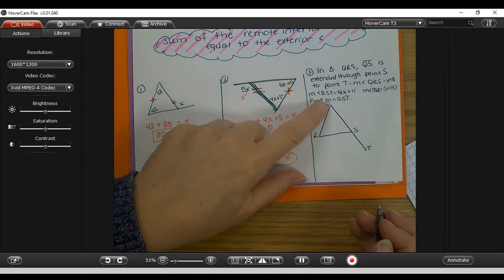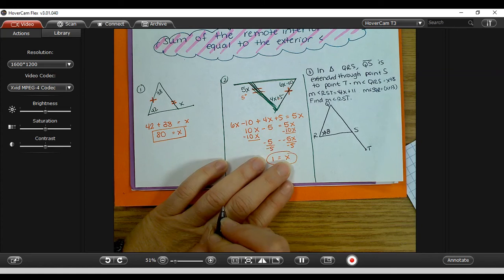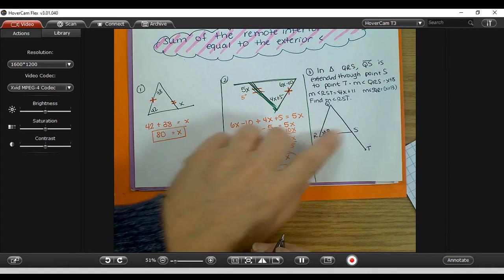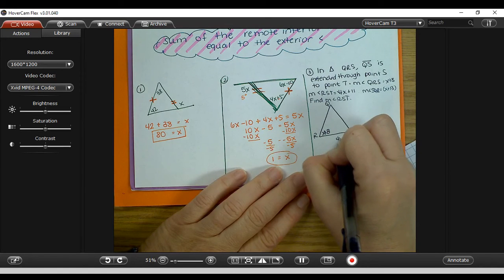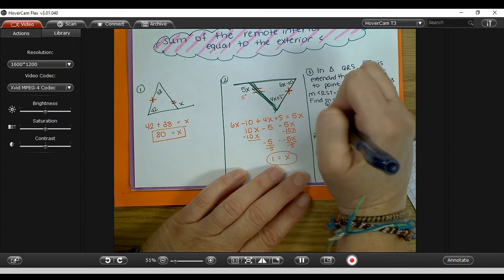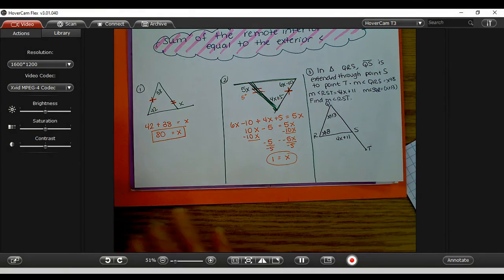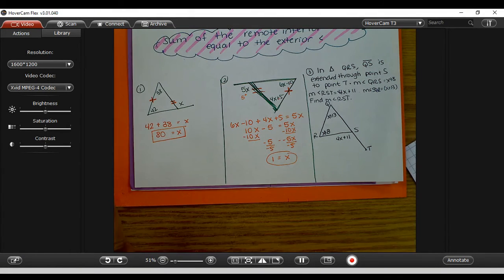The measure of angle QRS is x plus 8. The measure of angle RST, 4x plus 11, and SQR, x plus 13. Okay, again, if that was really confusing, stop the video and go back and watch. All right, we're just drawing the picture and extending.